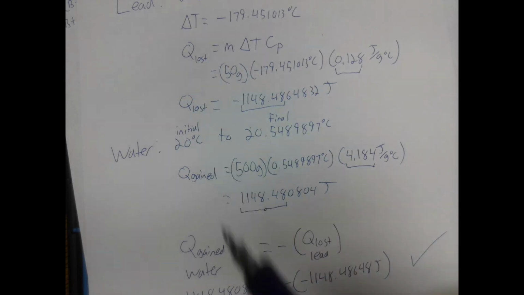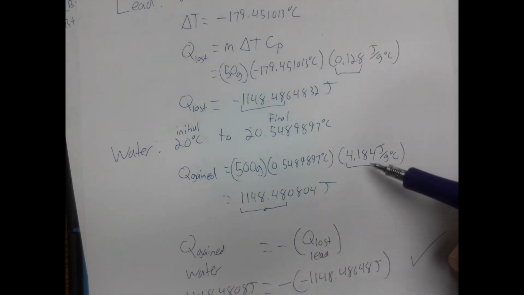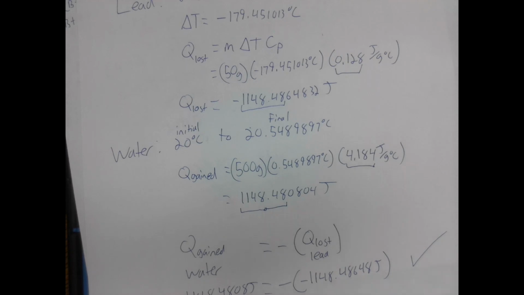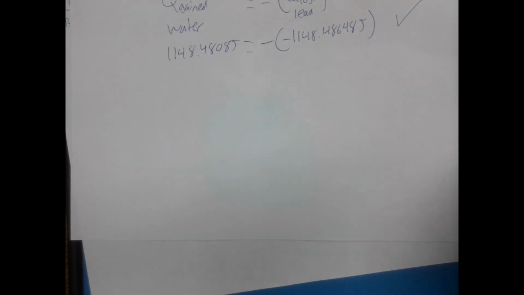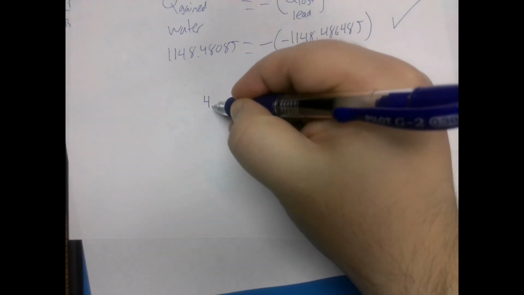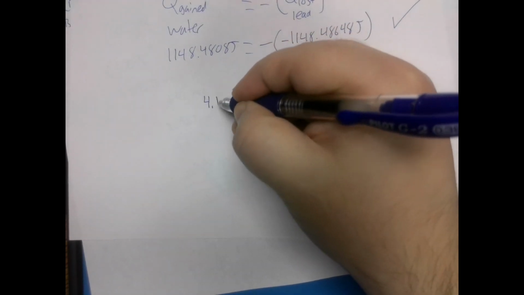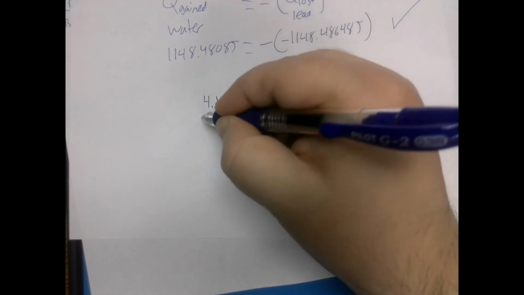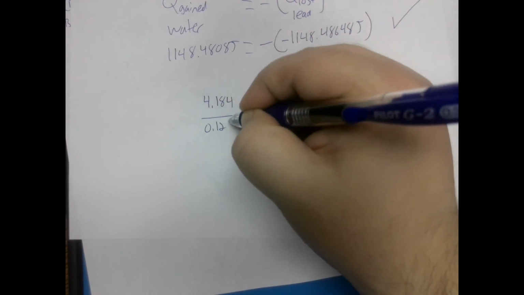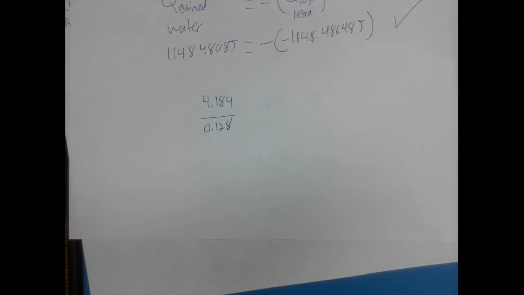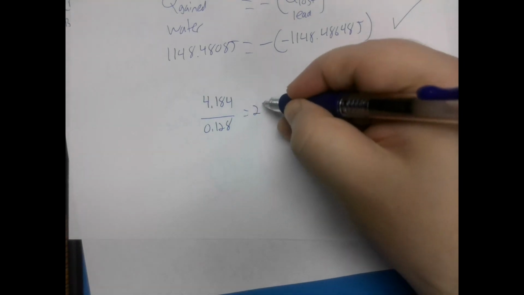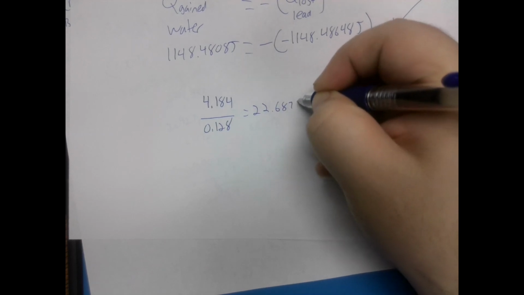So just comparing the specific heat, 4.184 divided by 0.128 is 32.6875.